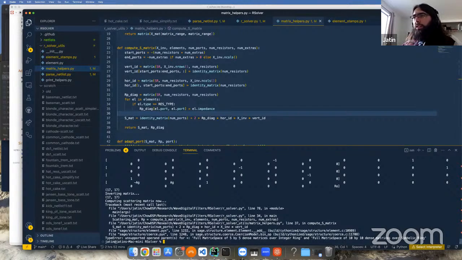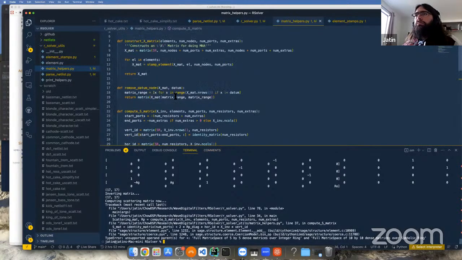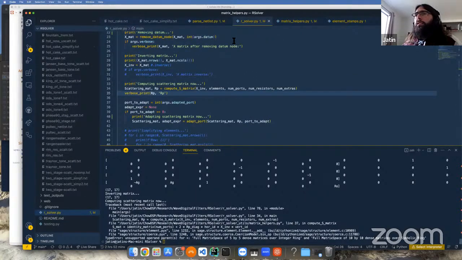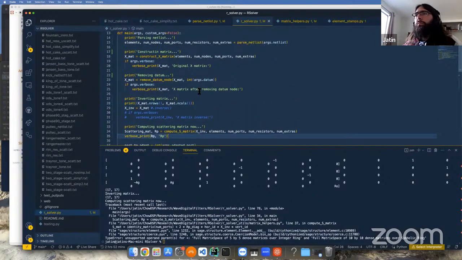So we've still got a dimension mismatch somewhere in there. I have a way of printing the shape of the matrix. Let me see if I can remember how to do that.